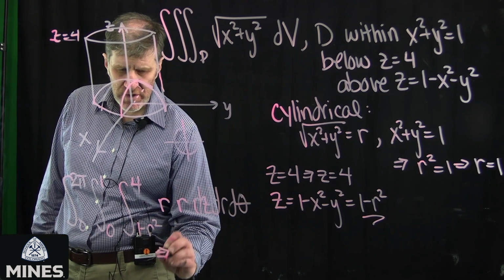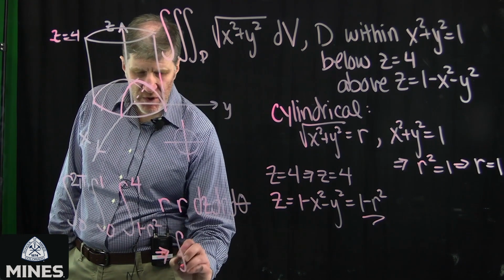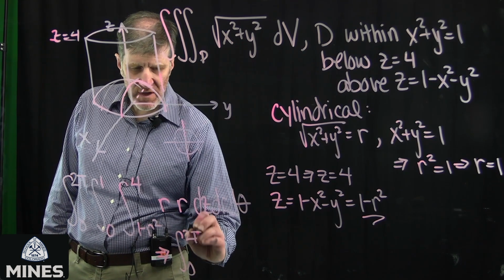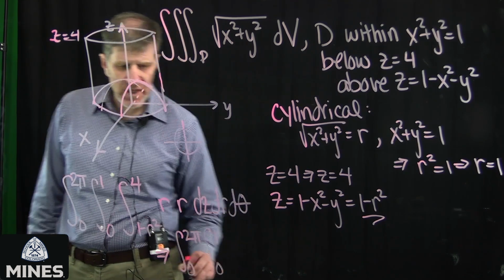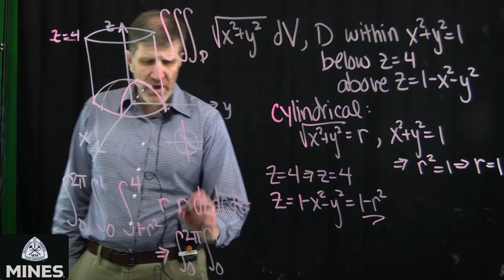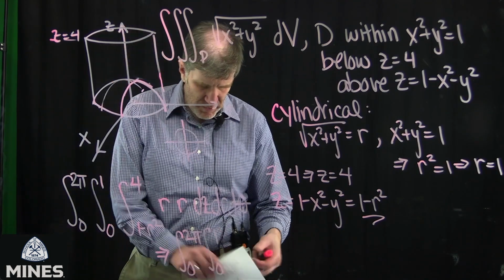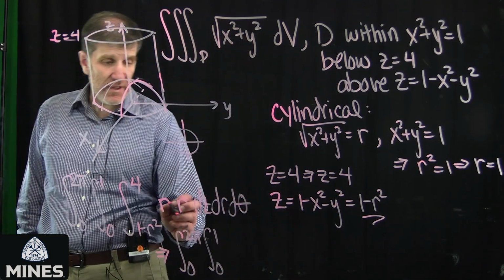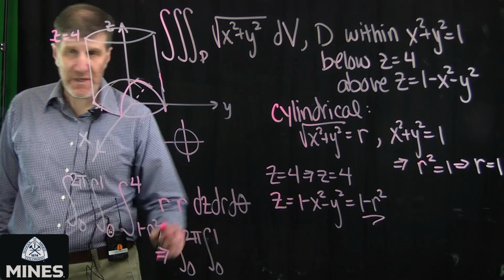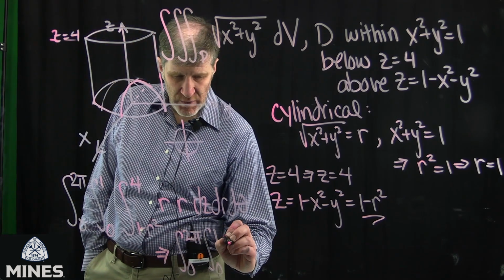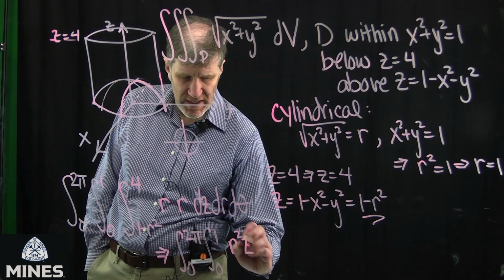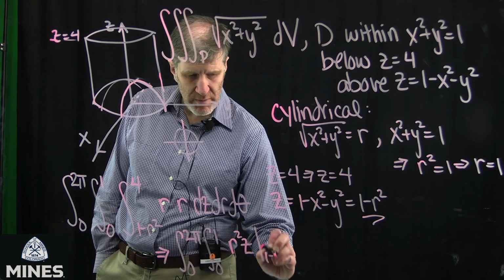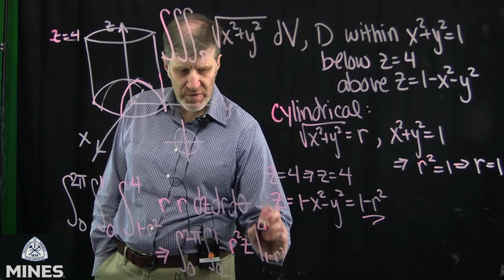We can do the first of these. We don't need to go all the way here, since this is not a terribly tricky integral to do, but we have r squared. We integrate r squared, but it's with respect to z. So we integrate that, and we have r squared z from z equals 1 minus r squared up to z equals 4.